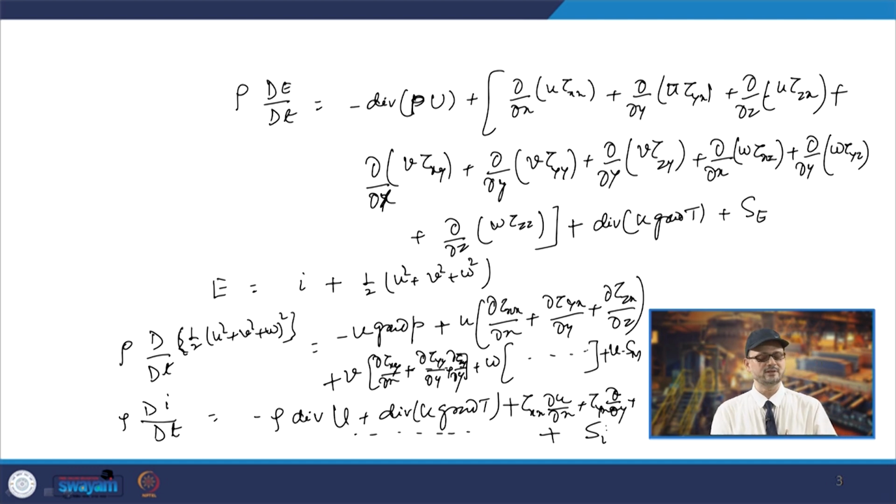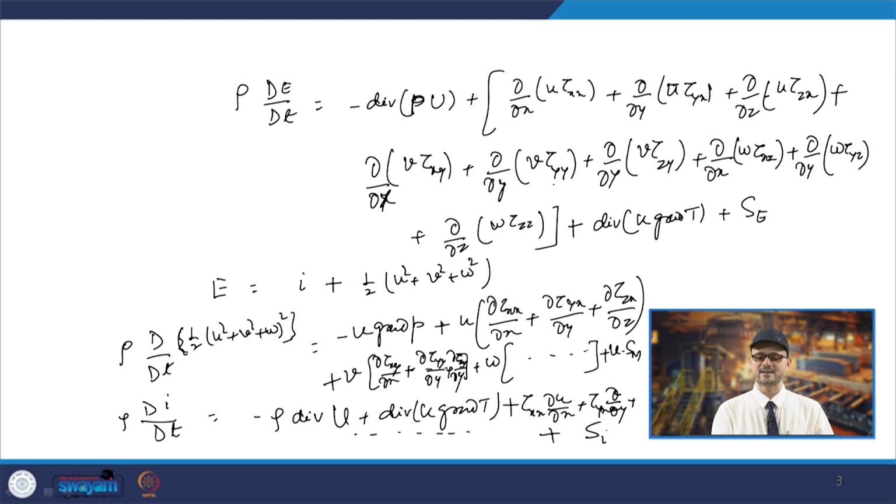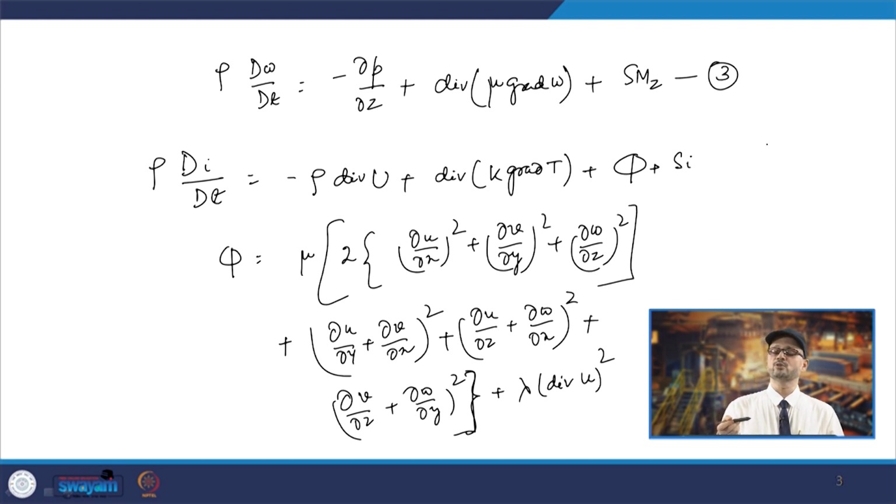That is why we have written the expression for ∂i/∂t, with ρ div u and div k grad T. If you put that in this term, you will get this term, and this Φ will come like this.